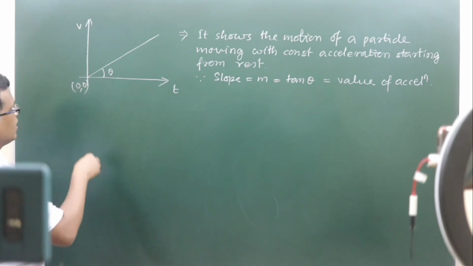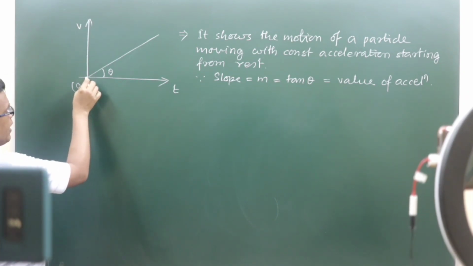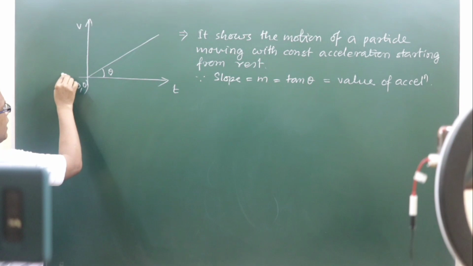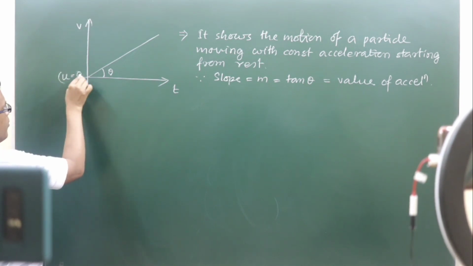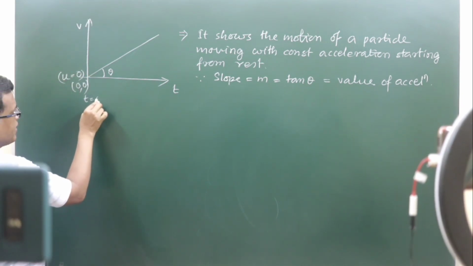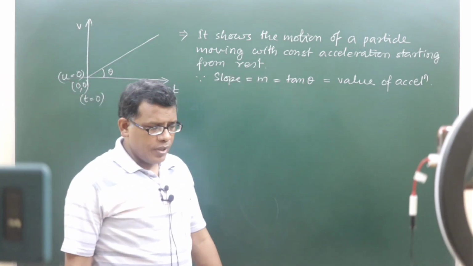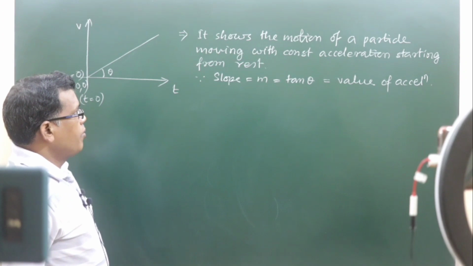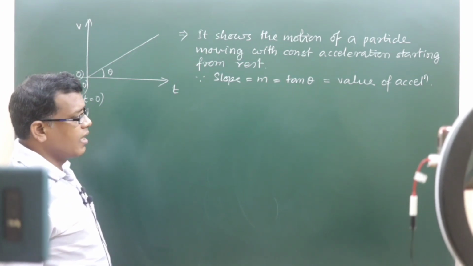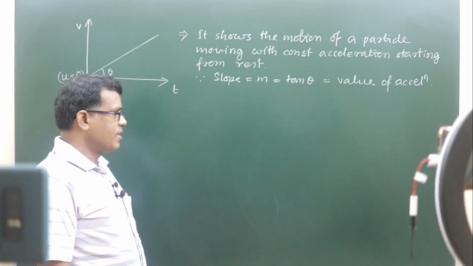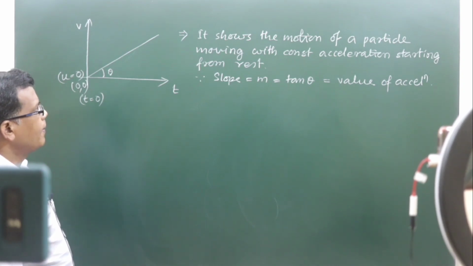As the initial y coordinate and x coordinate are both 0, the particle is starting from rest, initial velocity 0 at t equal to 0, isn't it? So that's why I have written, this shows the motion of a particle moving with constant acceleration starting from rest. Is that okay?